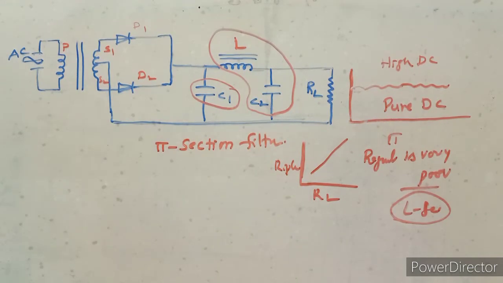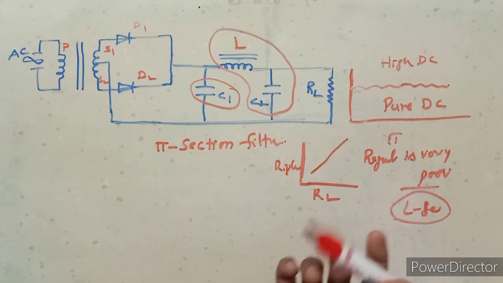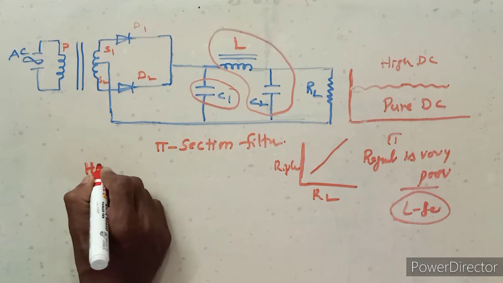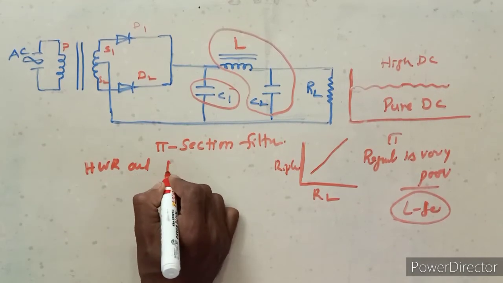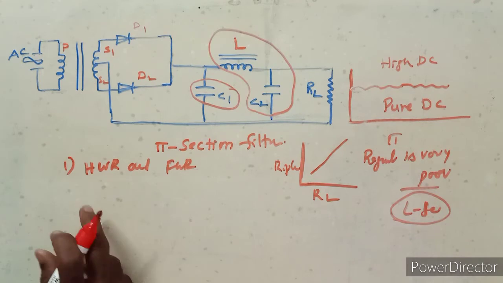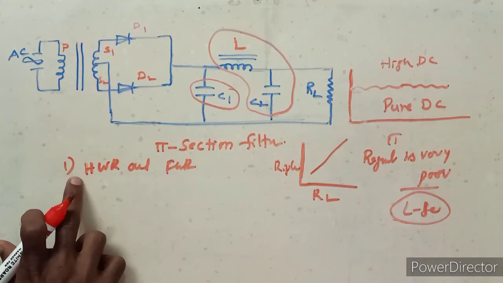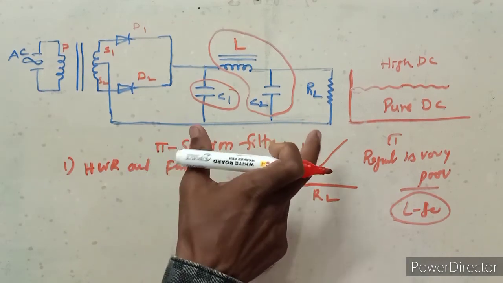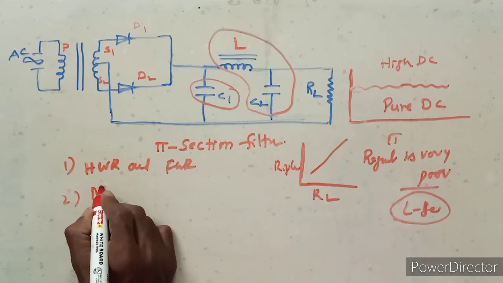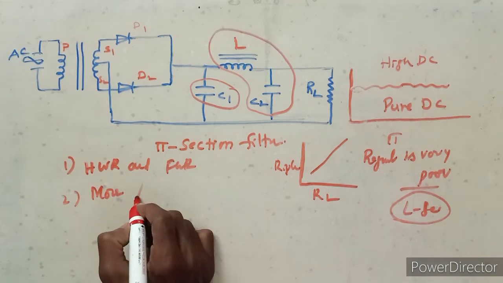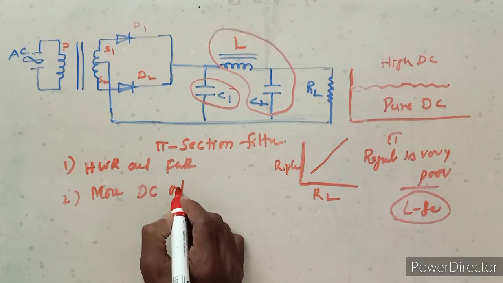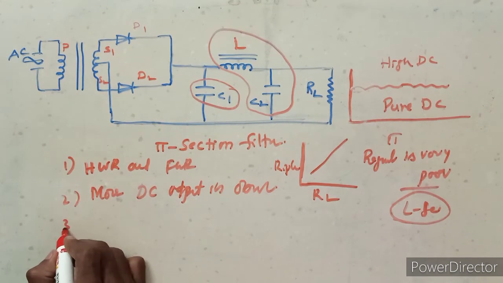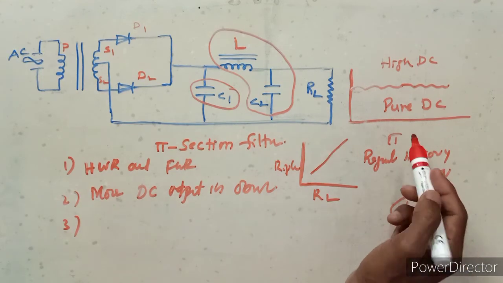Advantages of this filter: it is used in both half wave rectifier and full wave rectifier, high DC output is obtained, and the output is almost pure DC.